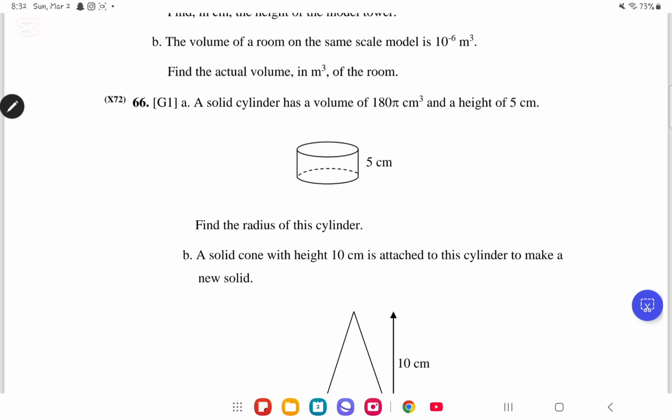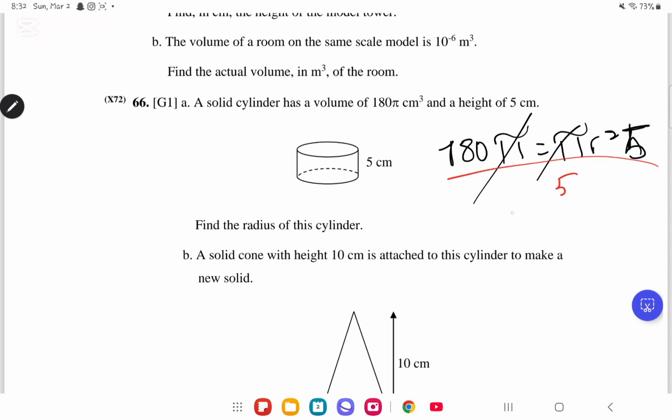Very simply, you know that the volume of any cylinder is equal to pi r squared h. So you get rid of pi, and you know that the height is 5. So now, just divide both sides by 5. You're going to get that 36 is equal to r squared, so then r is equal to 6. Now we have the radius of the cylinder, which is 6.